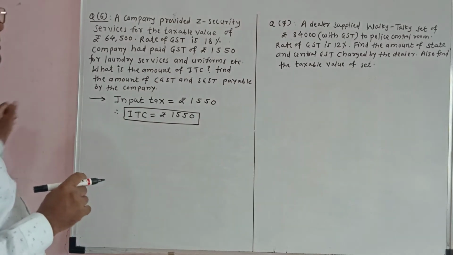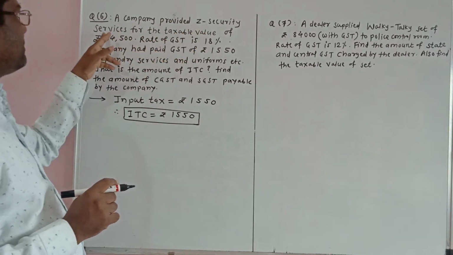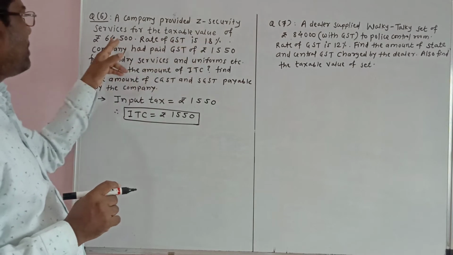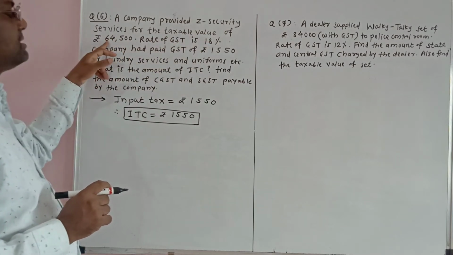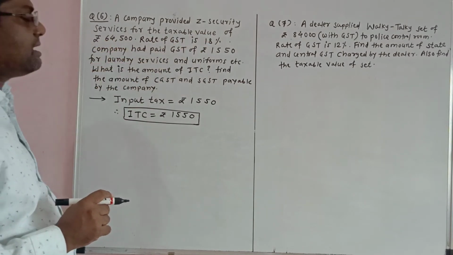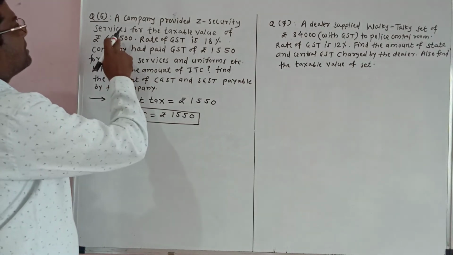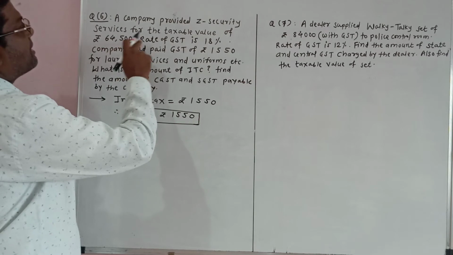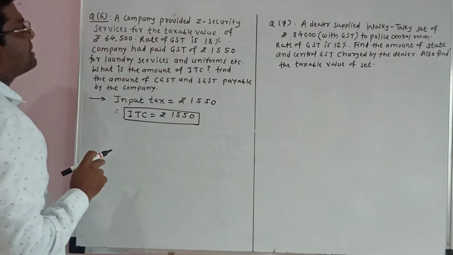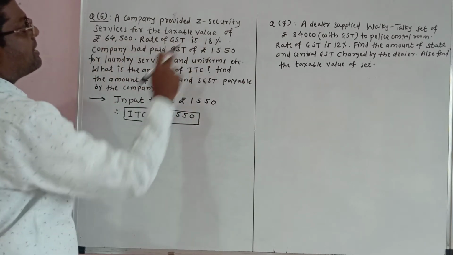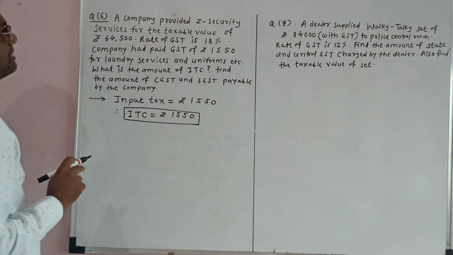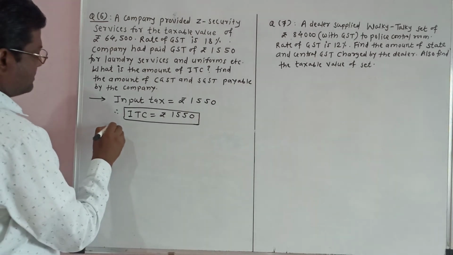Now the company provided security services for the taxable value of rupees 64,500 and rate of GST is 18%. Therefore, GST payable on 64,500 at the rate 18% is the output tax.